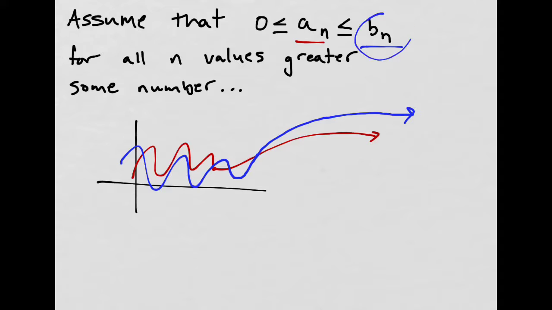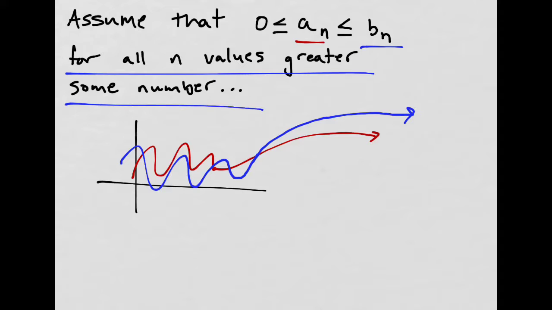That's what I mean by being bigger. So this is definitely above this. Even though it does whatever it wants at the very beginning, eventually, this is what this part means. It means eventually. So for all n values greater than some number, that just means eventually. I'm going to put that in green.